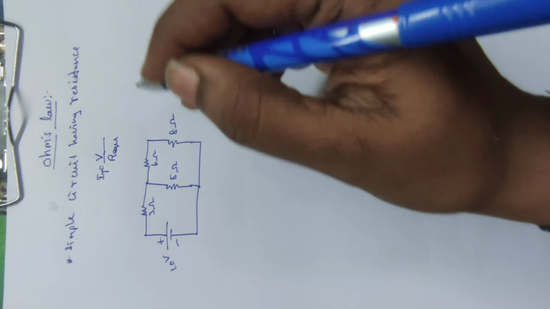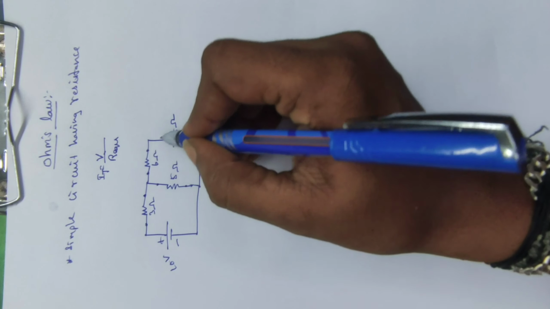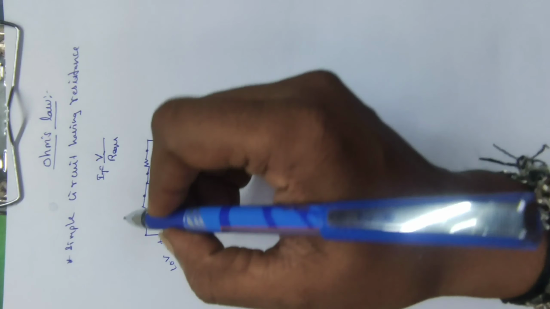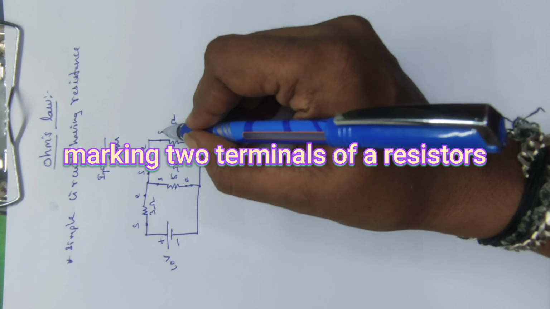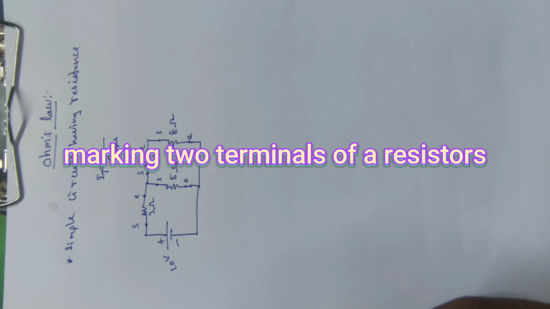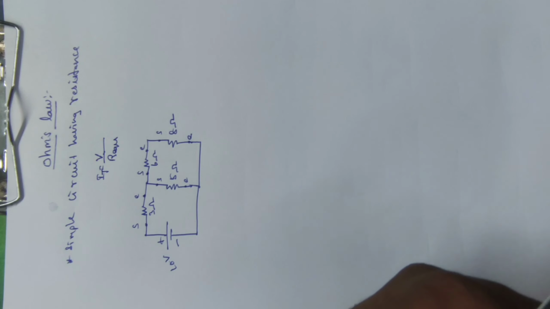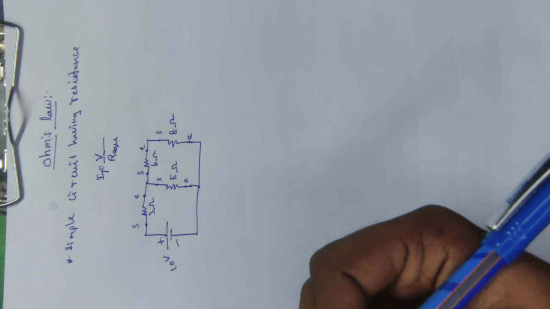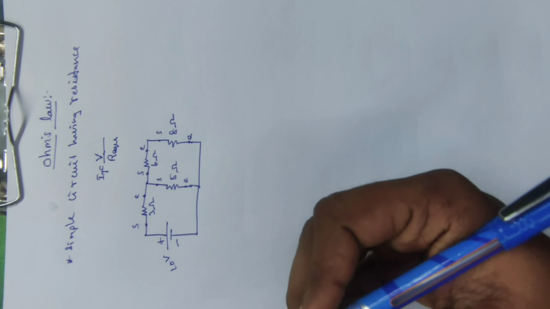Based on my logic, I have to choose the two terminals of each resistance and name them as starting end and ending end. Whenever we go for a network reduction technique, we need to start reducing from the end resistance or the least current flowing resistance. For that, I'll give you another hint also.